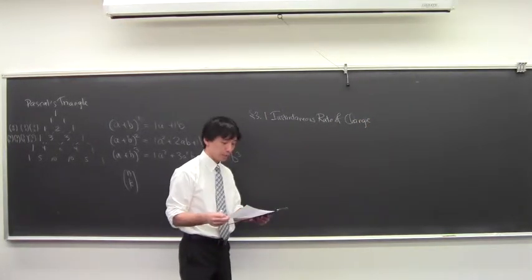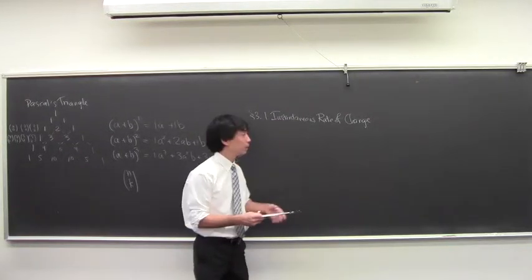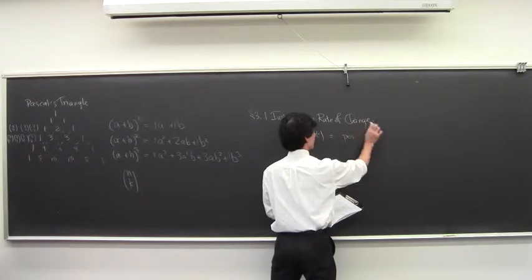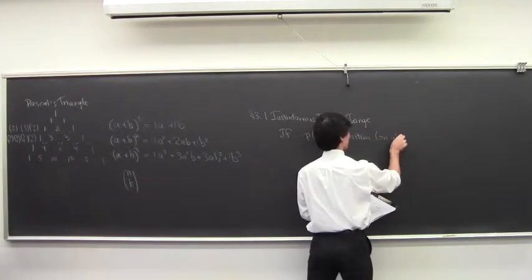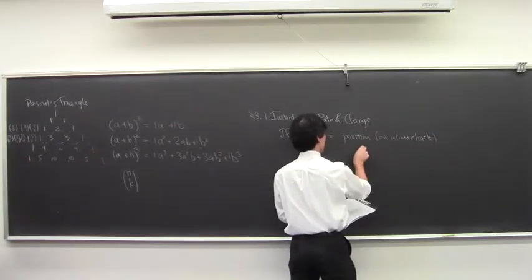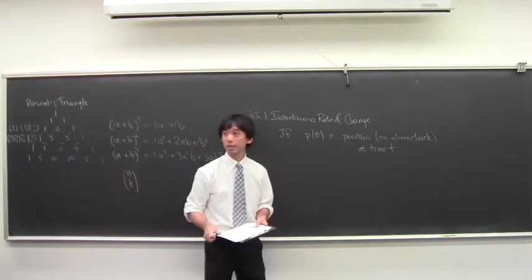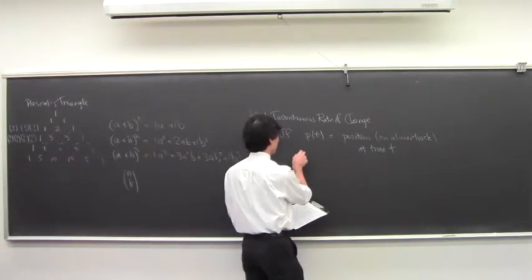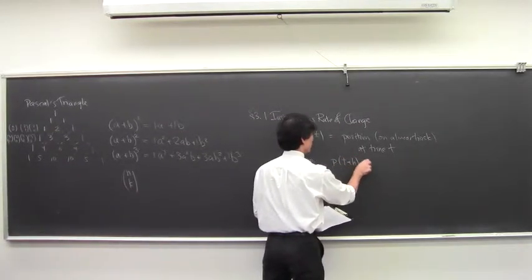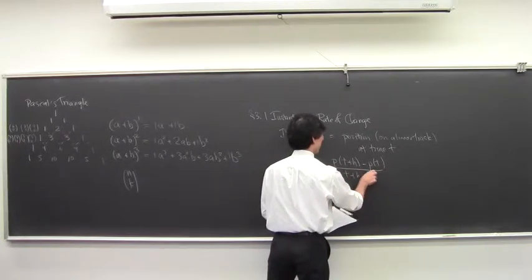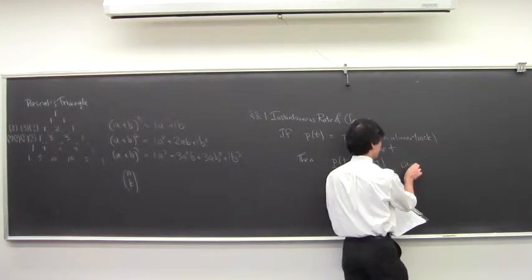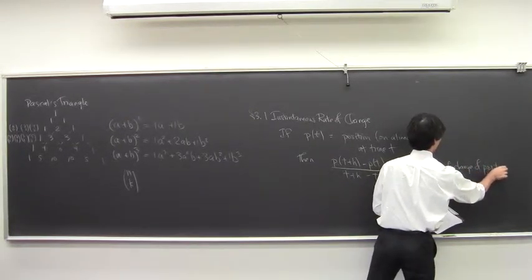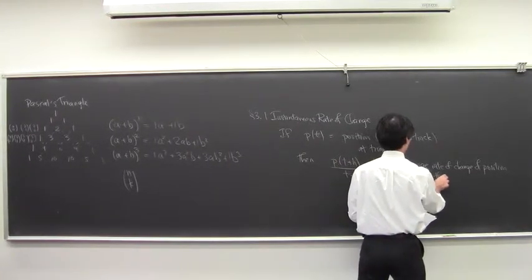And we said that if P of t is the position on a linear track, say, at time t, position at time t, then (P of (t plus h) minus P of t) over ((t plus h) minus t) is going to be the average rate of change of position over this time period.